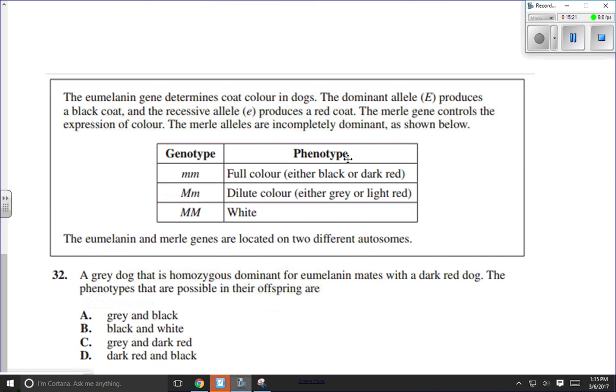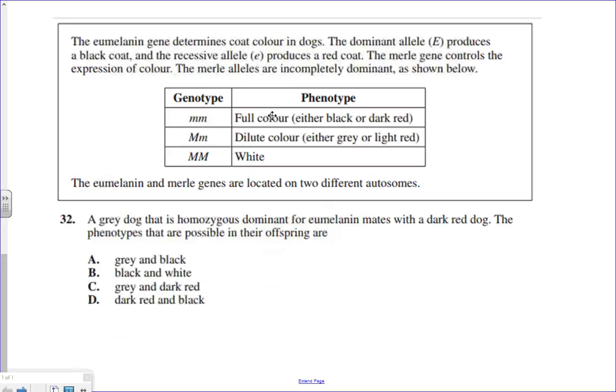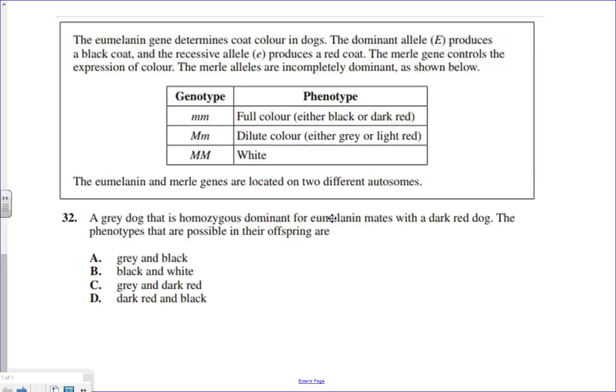All right, the next one here deals with coat color in dogs. This one's a little bit more complicated because we have two traits that interfere with one another. The dominant allele big E produces a black coat. The recessive allele little e produces a red coat. However, how that gets expressed, well, there's some more information here.